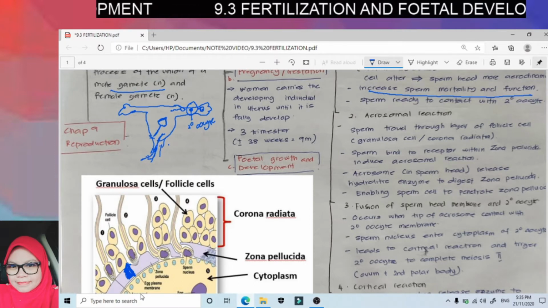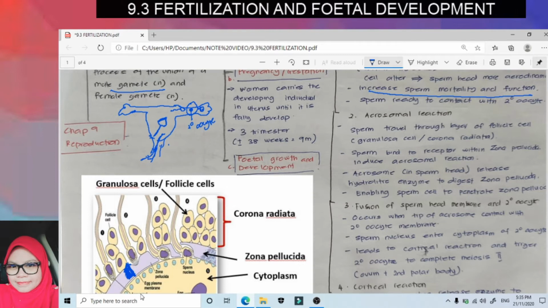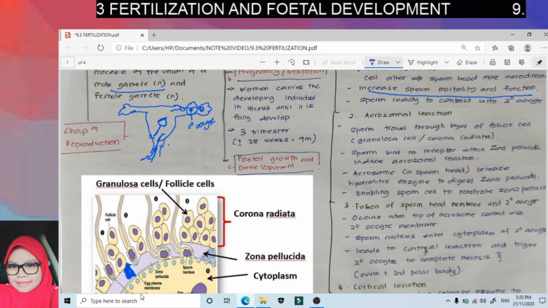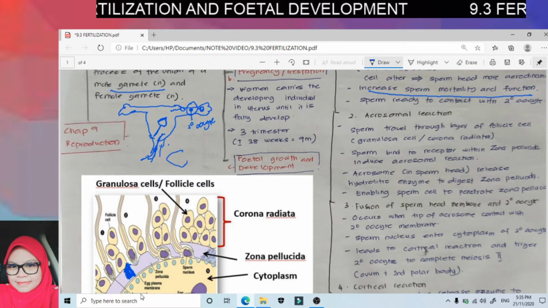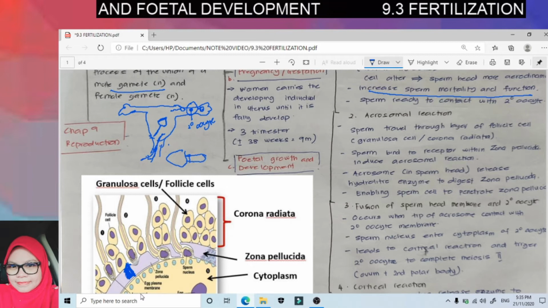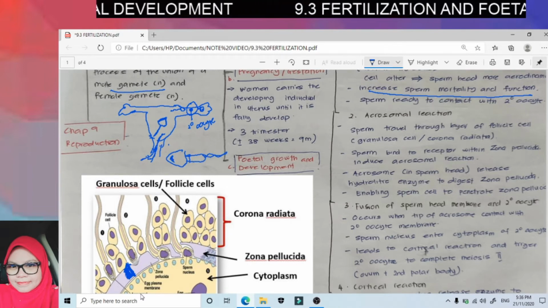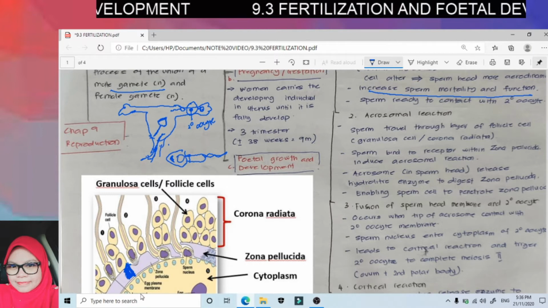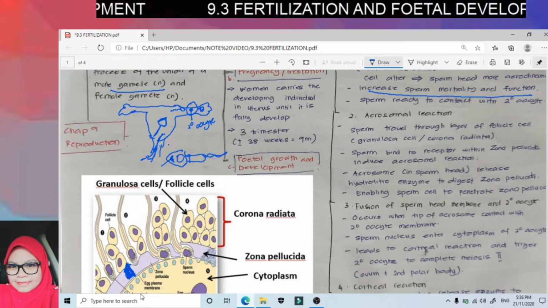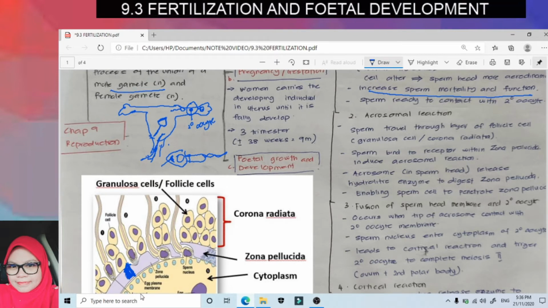Acrosomal reaction. Acrosome. Recall back the spermatozoa structure: this is the head, neck, midpiece and the tail. In the head, it has two important structures, the acrosome and the nucleus. The acrosome has hydrolytic enzymes.